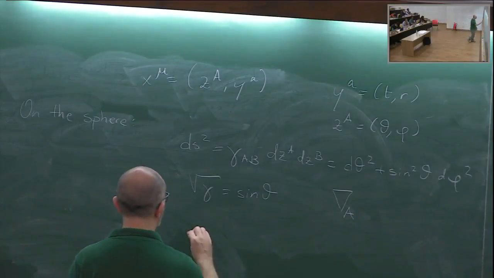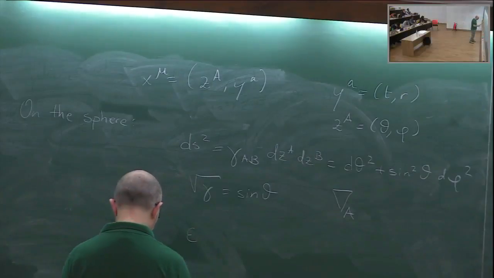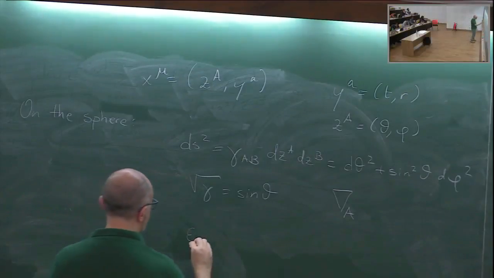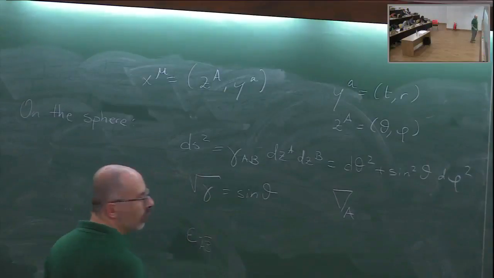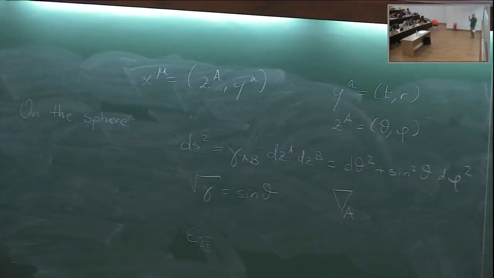Also, I want to introduce the Levi-Civita symbol. Suppose that I work in Cartesian coordinates, and I'm in 2 dimensions. If you remember, the Levi-Civita symbol is usually defined in 3 dimensions, because that's where we're interested in it, and in Cartesian coordinates.